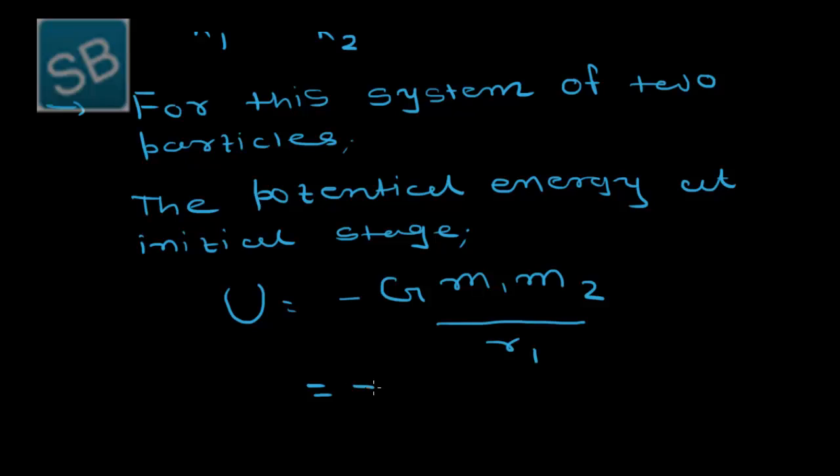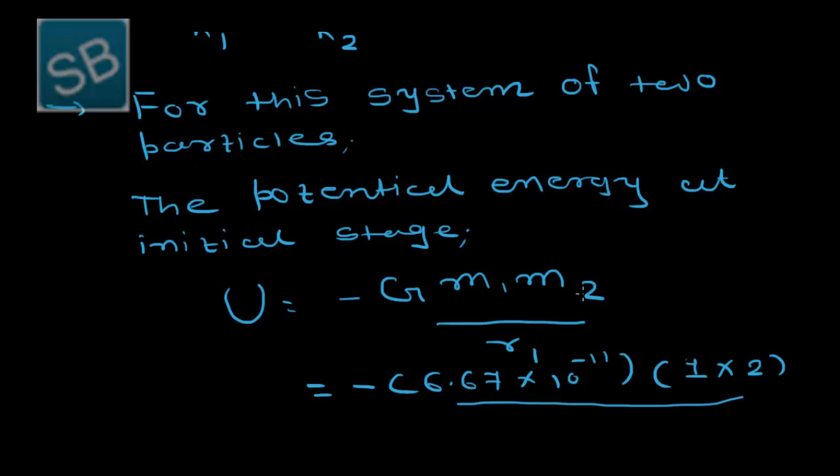Here the value of G is 6.67 into 10 to power minus 11, the mass of the first particle is 1 kg and the mass of the other particle is 2 kg, and the distance between them is 10 meters. Simplifying this, we get the initial potential energy U equal to minus 13.32 into 10 to power minus 12 joule.